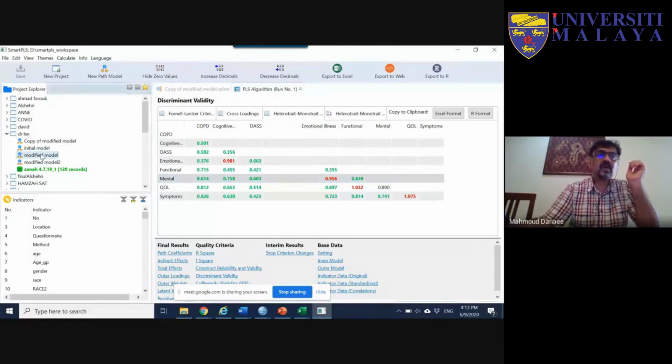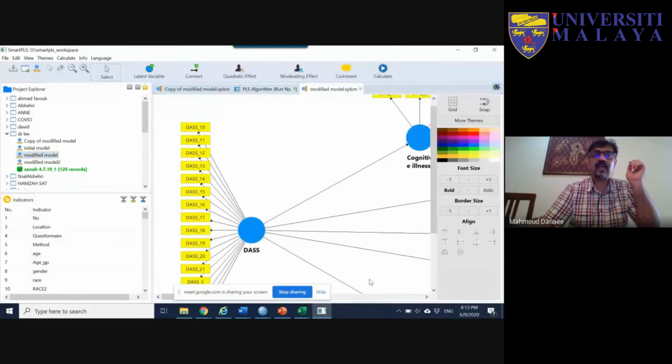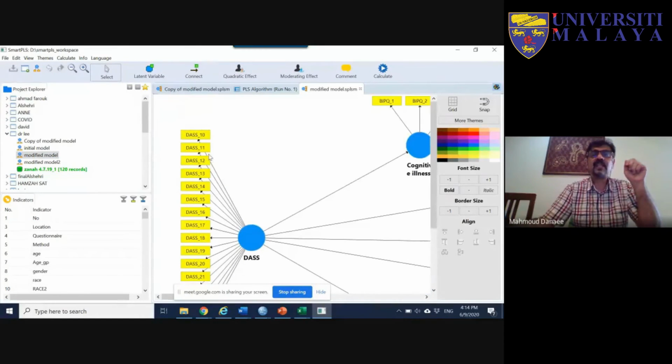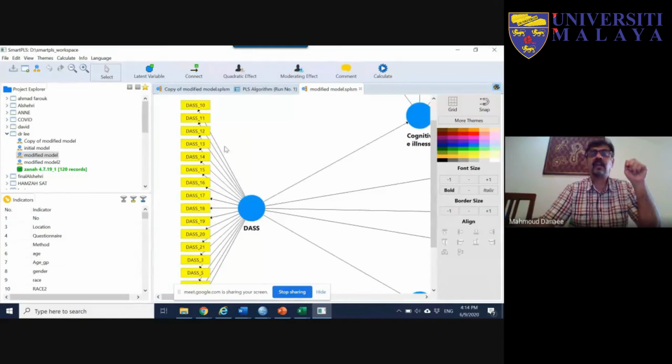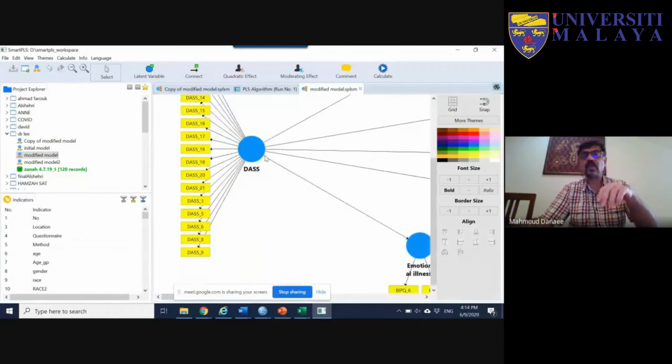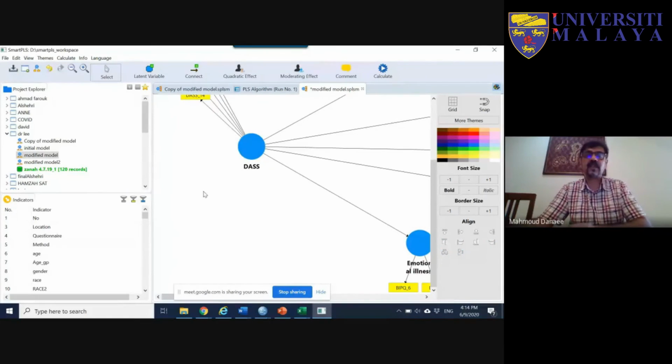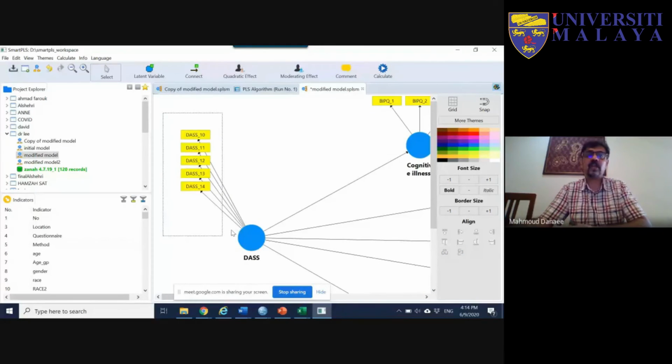So if I show you another study, look at here. In this study, initially the DASS I separated into three different components. But when I analyzed it, I found that these three components are not discriminant. Let me show you what will happen.